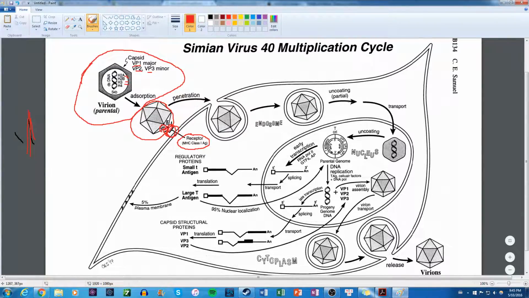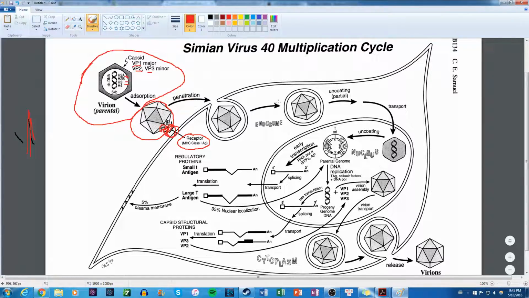So here you have partial uncoating. With the partial uncoating, you lose VP2 and VP3, right? And then there are also nuclear localization signals on SV40.